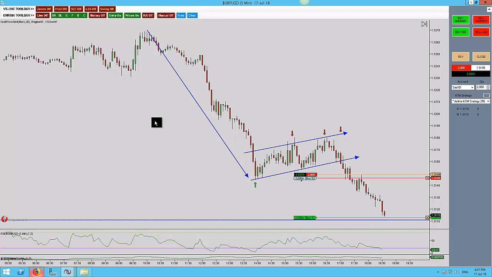Couple more pips to go. It's a waiting game.